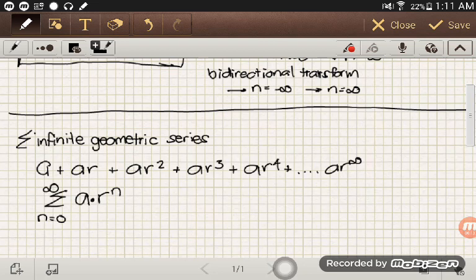If you remember your statistics, how would you simplify this? This is just equal to a over 1 minus r, where a is your first term and r is your common term.